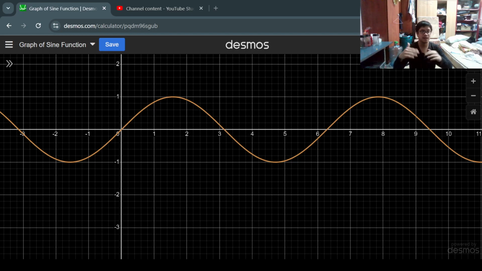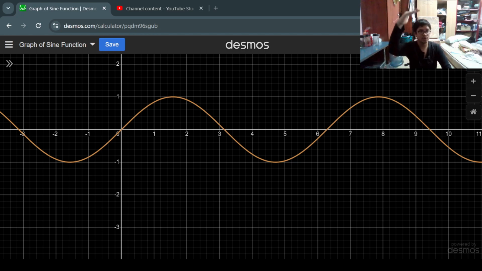So there's a restriction, or boundary, on how far the graph goes up and how far it goes down. You get me? The maximum point the graph of sin x achieves is 1.